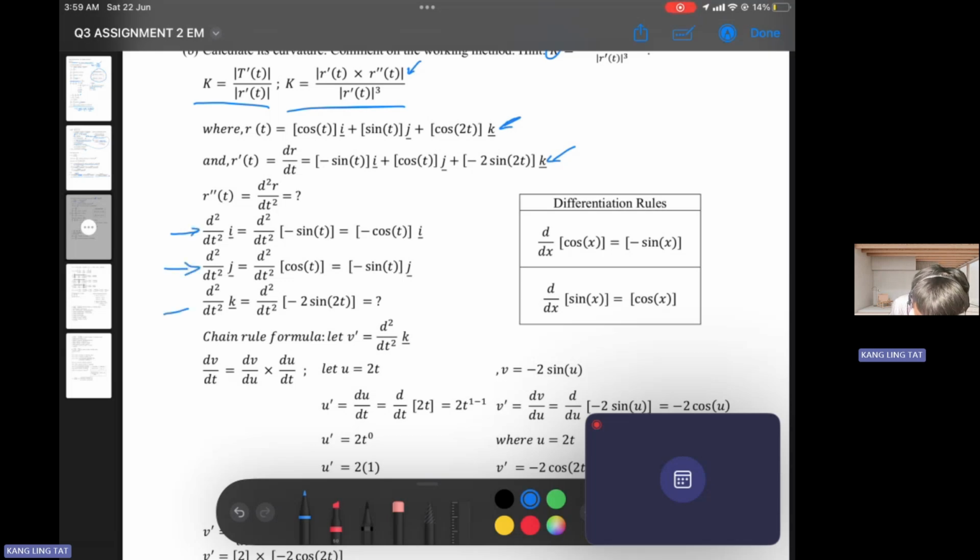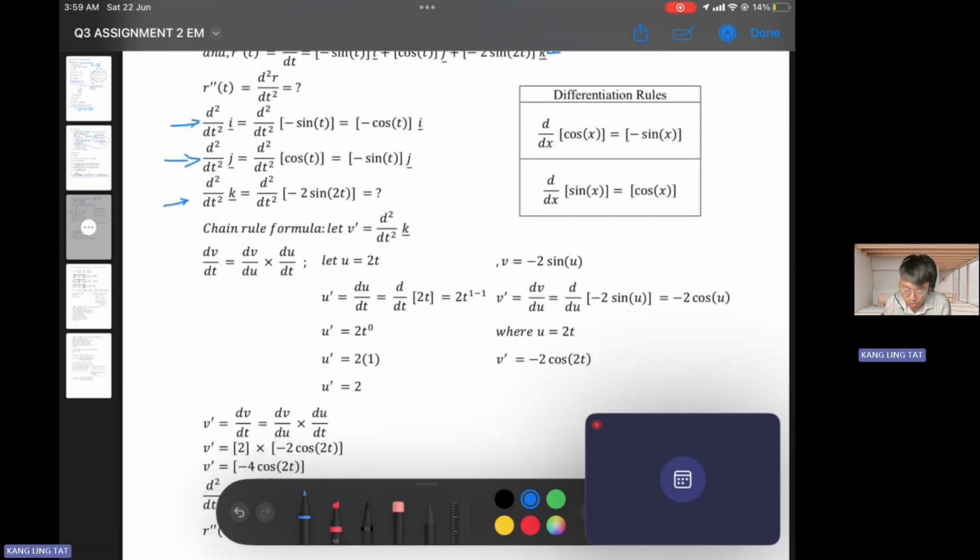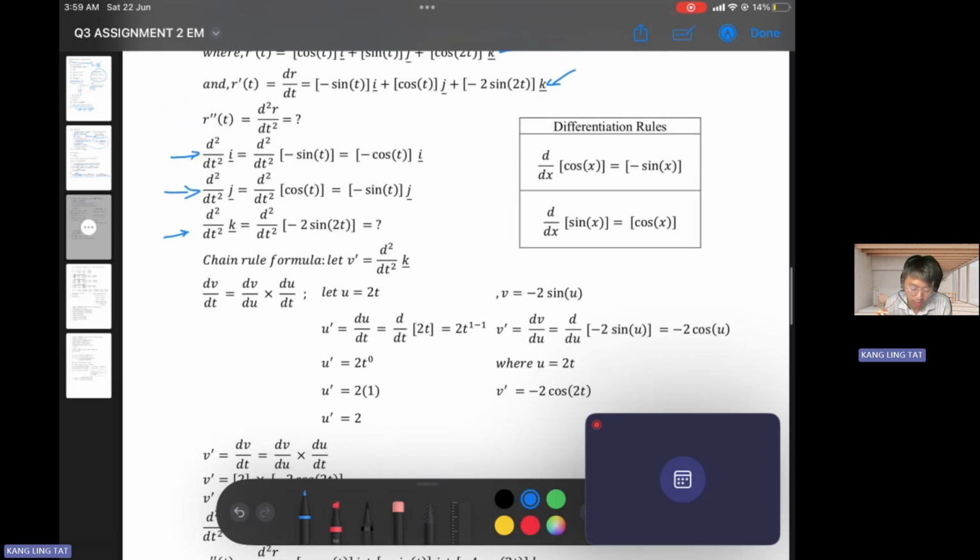For I and J it's going to be really simple, basically using the differentiation rules. The second derivative of negative sine t will be equivalent to negative cos t, and the second derivative of cos t will be equivalent to negative sine t, right?